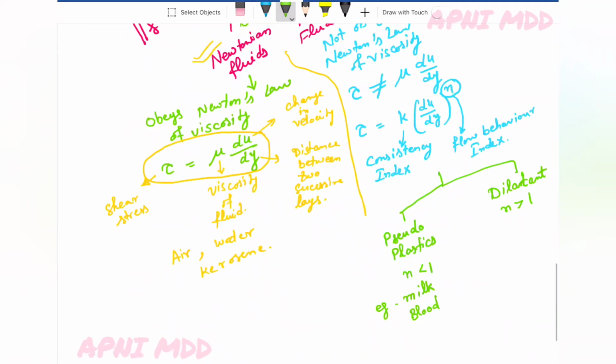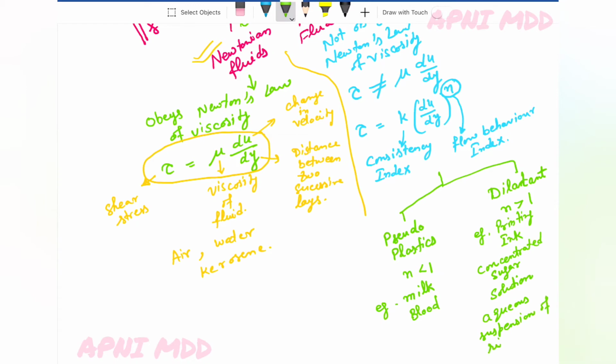Okay, and for dilatant, the fluids which have flow behavior index n greater than unity, the examples for this type of fluid are printing ink, another example is concentrated sugar solution, and another example of dilatant fluid is aqueous suspension of rice starch.